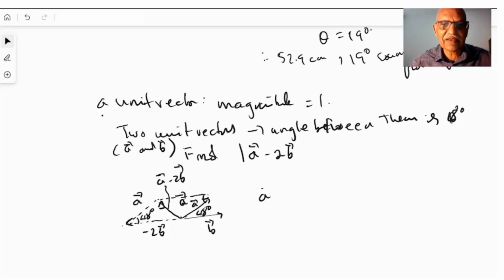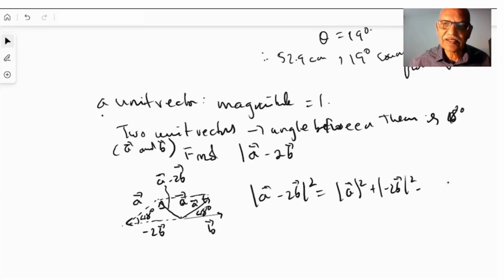So the magnitude of A minus 2B squared will be equal to the magnitude of A squared plus the magnitude of minus 2B squared minus 2 times A times minus 2B times cos 48 degrees.